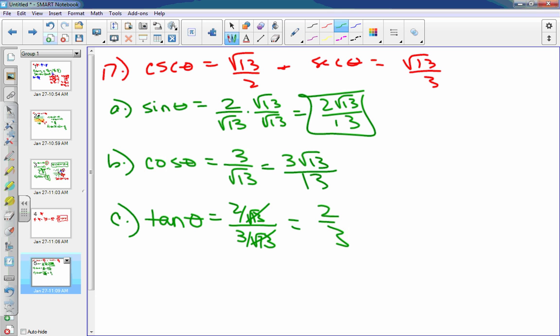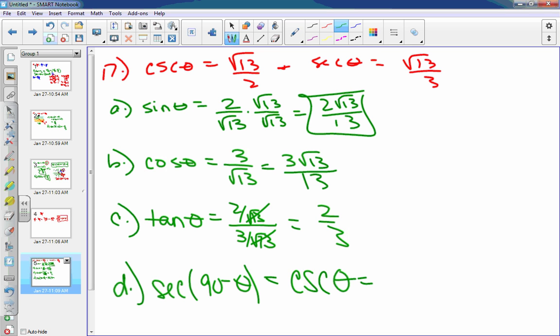Now, letter D is going to be the secant of 90 minus theta. That is a cofunction, and I talked to you about these cofunctions. They're on page 269 of your textbook at the very bottom of the page. The secant of 90 minus theta is equal to what? The cosecant of theta. That's what your cofunction identity says. So what is the cosecant of theta?